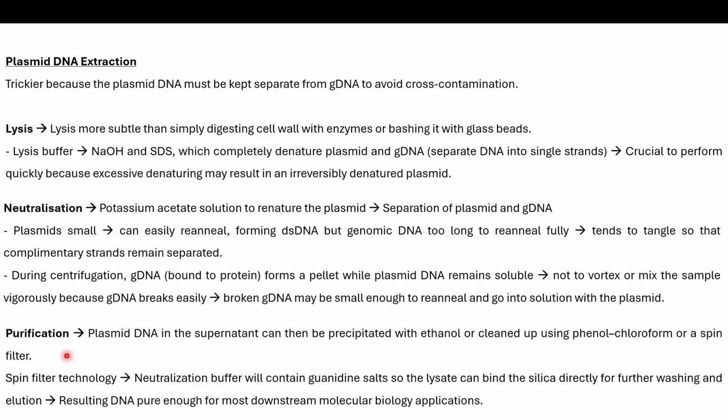Or a spin filter, wherein the plasmid DNA selectively binds with the silica in the spin column filters. This is what is written here in spin filter technology. Neutralization buffer will contain guanidine salts so that the lysate can bind the silica directly for further washing and elution, and the resulting DNA is pure enough for most downstream applications.